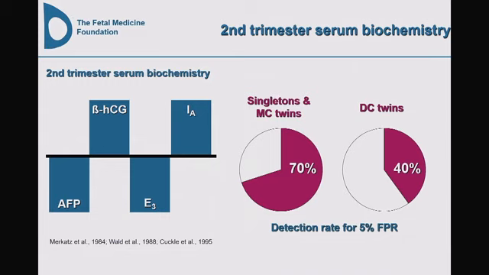Now, what about the second trimester serum biochemistry involving a series of biomarkers: alpha-fetoprotein, free beta-hCG, estriol, and inhibin? Well, for singleton and monochorionic twins, we know that the serum biochemistry has a detection rate of about 70% for a 5% false positive rate. Where we have a problem is in dichorionic twins. Why is that?